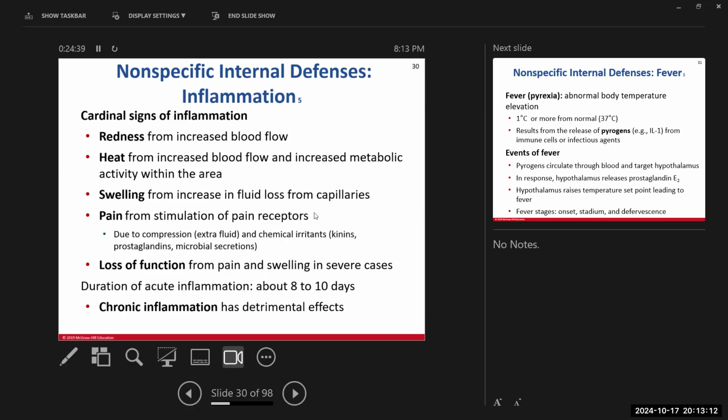I mentioned to you that I like inflammation, it's good, but it's bad when it's chronic inflammation. It doesn't even have to be chronic inflammation where you see all these cardinal signs.